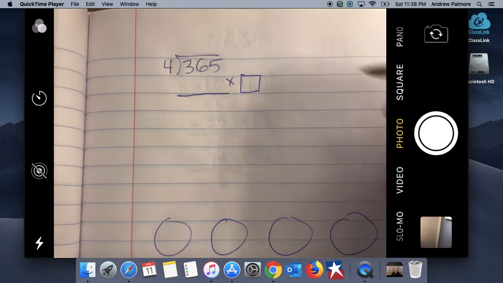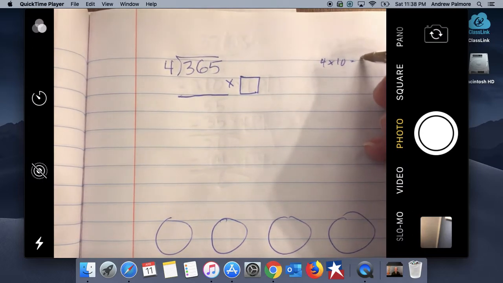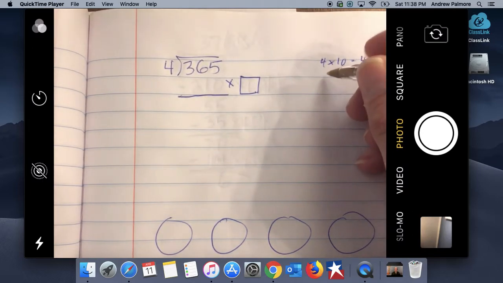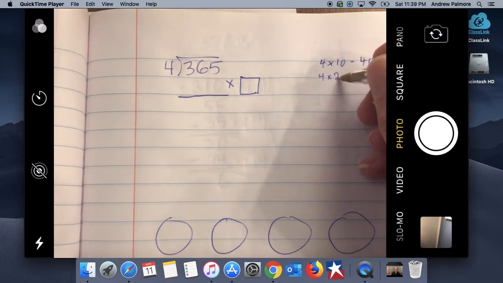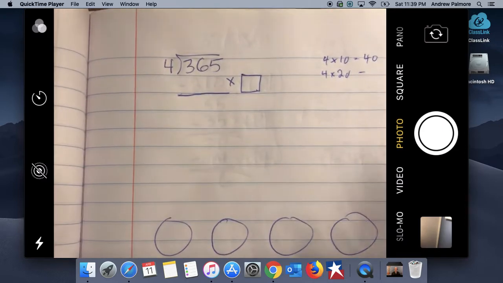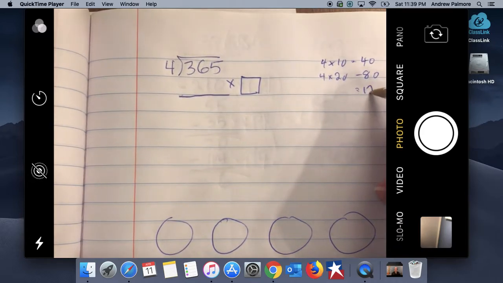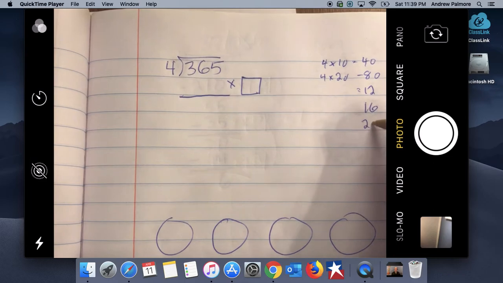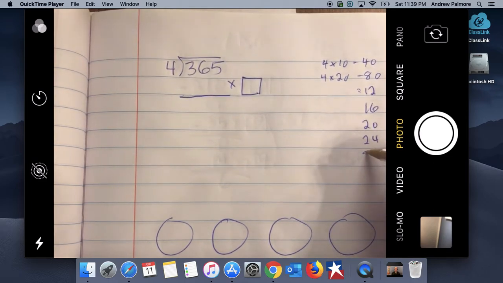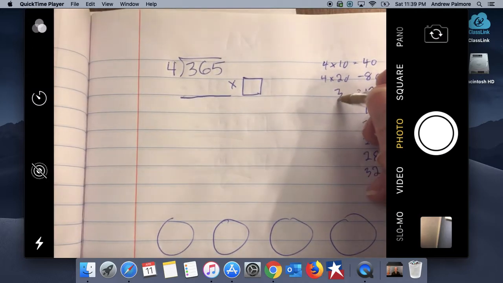Well, 4 times 10, 40. 4 times 20, 80, and so on. So basically, I'm counting by 4. 4, 8, 12, 16, 20, 24, 28, 32. And we add those powers of 10 in there.